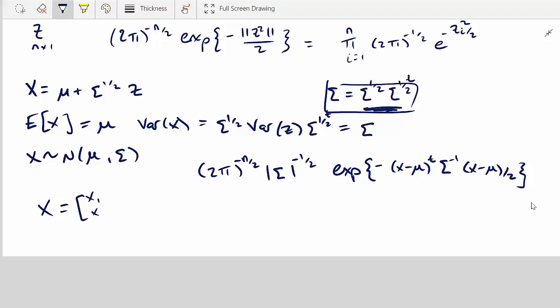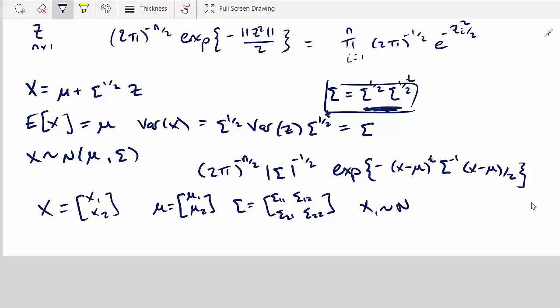So, for example, if I take X and break it into two column vectors, X1 and X2, and my mu has the same corresponding column vectors, mu1, mu2, and my sigma is now a matrix that I've decomposed with the same dimensions, then X1 is going to be multivariate normal with mean mu1 and variance sigma 1,1.